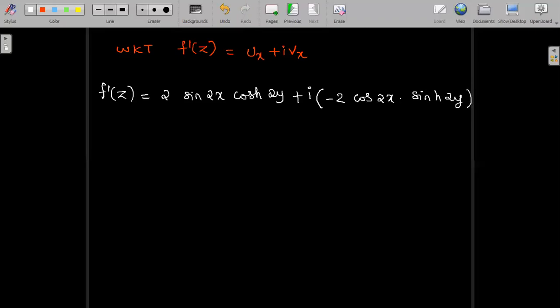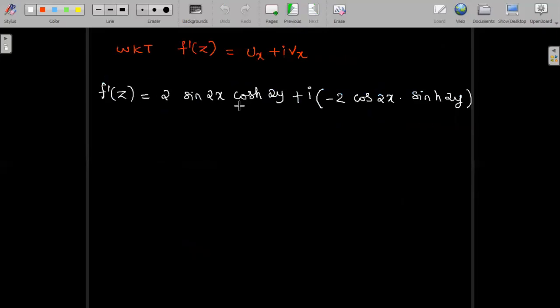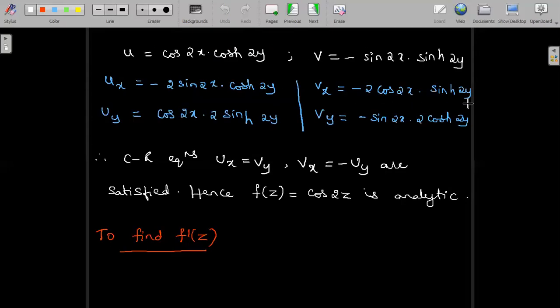Right. Now we need to use Milne-Thomson substitution. Let us first verify values once again, ux and vx. So ux is sine 2x into cos hyperbolic 2y, it is having a negative sign, so I have to write down a negative sign here. And then we have vx. Vx is also negative, minus 2 cos 2x into sine hyperbolic 2y.